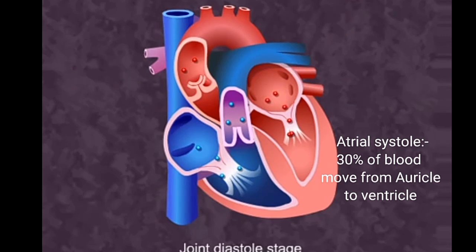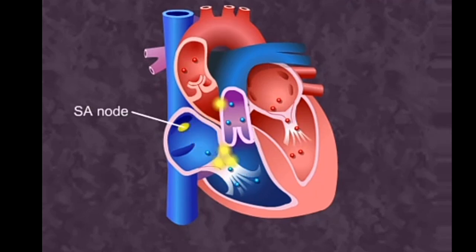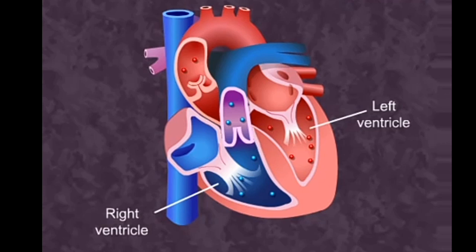Now, atrial systole is initiated when the SA node sends out an electric signal. During atrial systole, the atria undergo continuous contraction which forcefully passes the blood into the ventricles through the tricuspid and bicuspid valves.